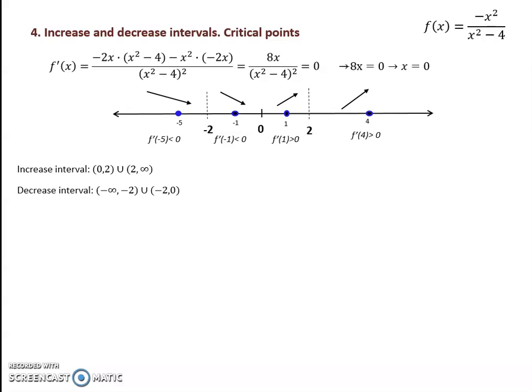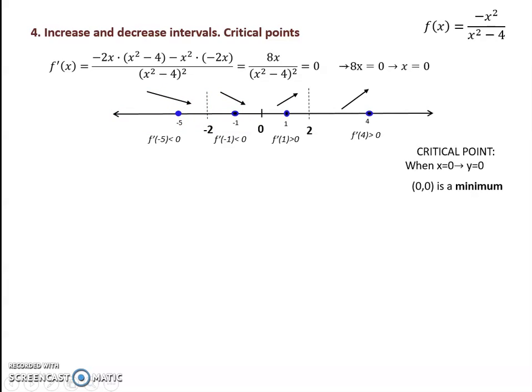Now at this point we're able to write the increase and decrease intervals. Just looking at the arrows, increase intervals, the ones that are going up: from 0 to 2, from 2 to plus infinity. Decrease intervals would be the ones that are going down: from minus infinity to minus 2, from minus 2 to 0. And there's a critical point at x equals 0.